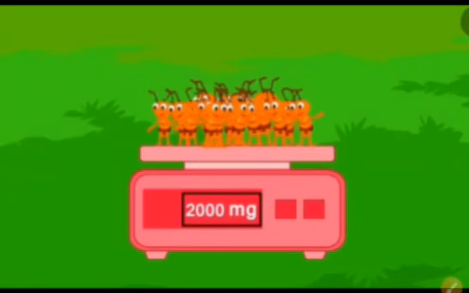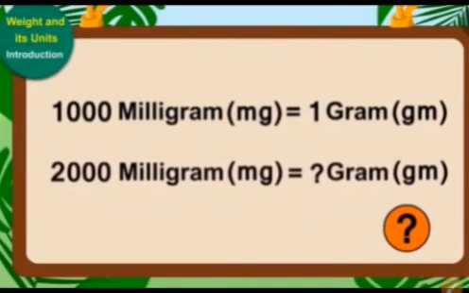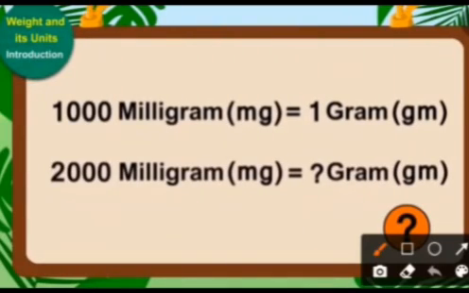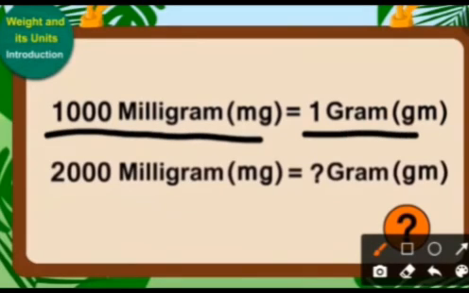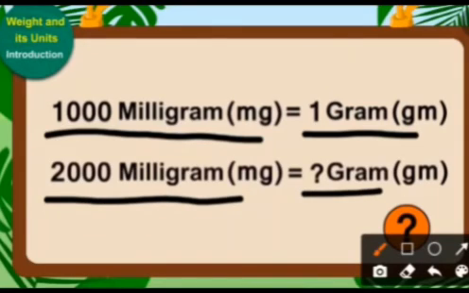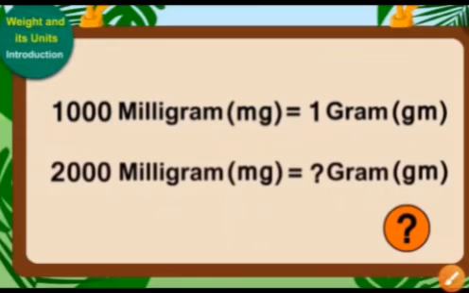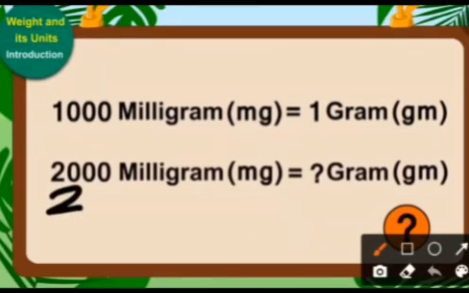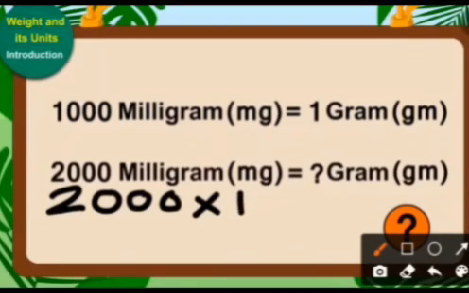Now let us convert milligram into gram. For that we have to write formula 1000 milligram is equal to 1 gram. So 2000 milligram is equal to question mark. Let us solve it. 2000 multiply 1 divide by 1000.